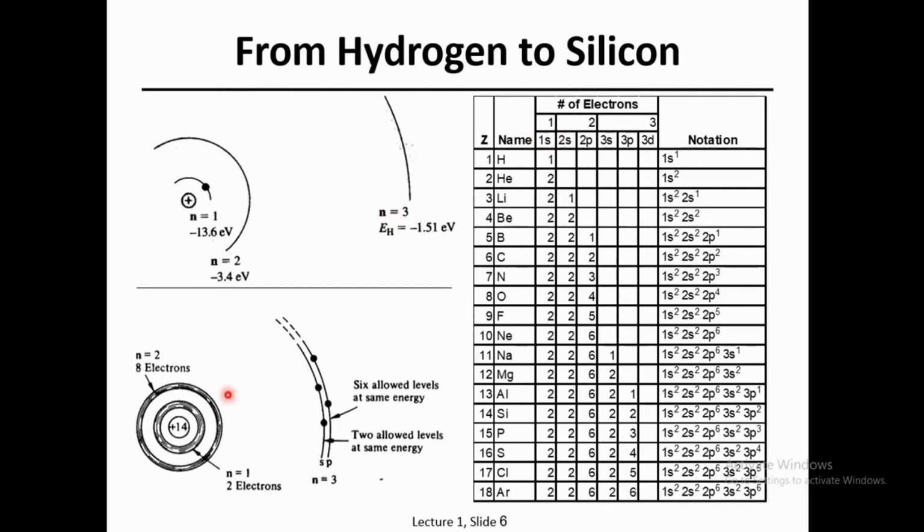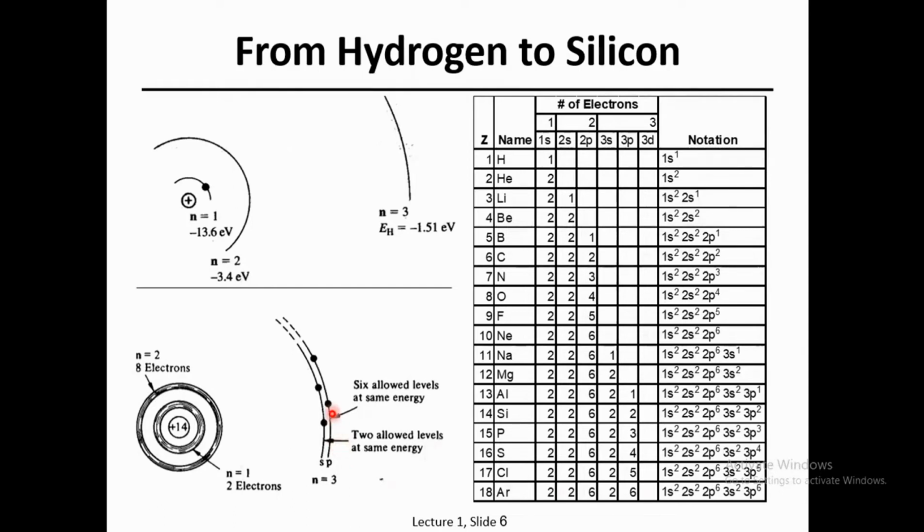While for silicon, as you see, if we go down to the silicon, you see it filled up the first orbit, the n equal to 1, with 2 electrons in the 1s, and 2 in the 2s and 6 in the 2p. So what's left in the n equal to 3, as you see here, it has 2 in the s being occupied, and only 4 in the p instead of 6.